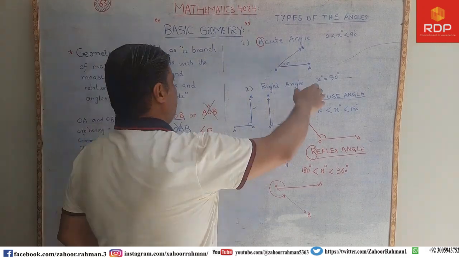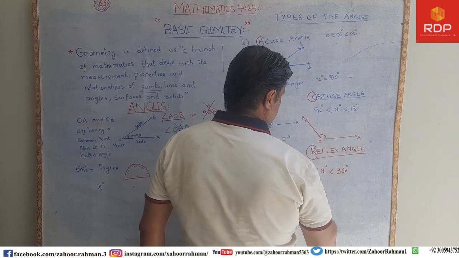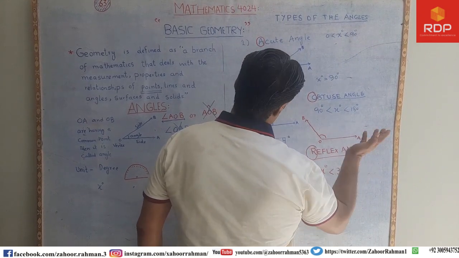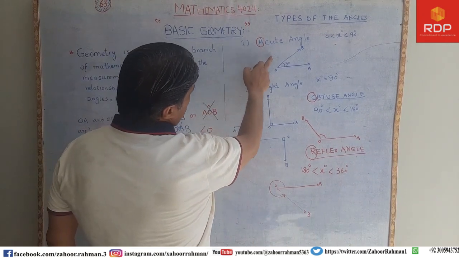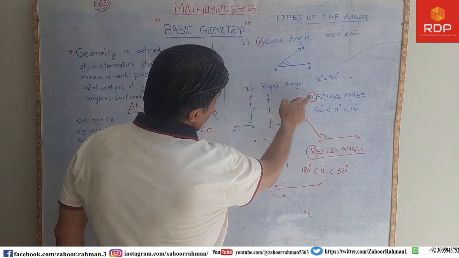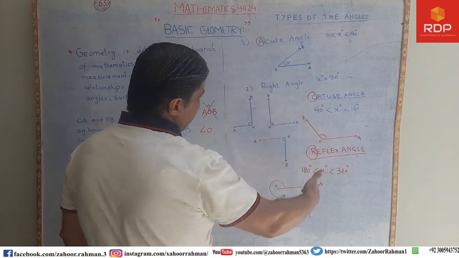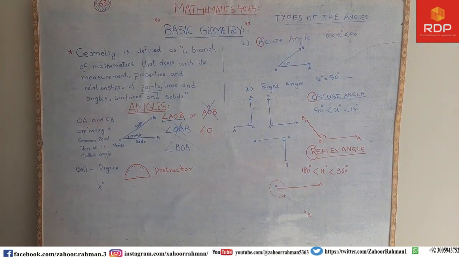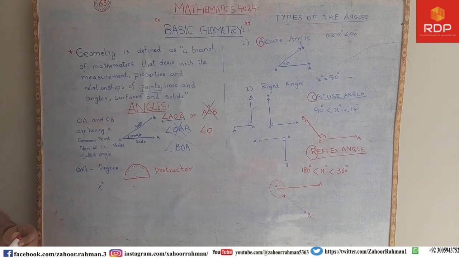All these are lying between 0 and 90, 90 and 180, 180 and 360. You will have to remember that the first one is A, B, C, D, E, F, G, H, I, J, K, L, M, N, O, P, Q, R. So that is in alphabetical order, and you have to understand these things.